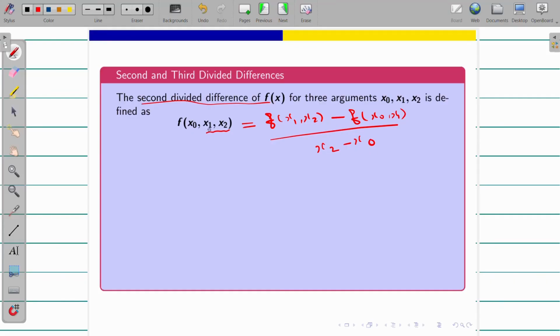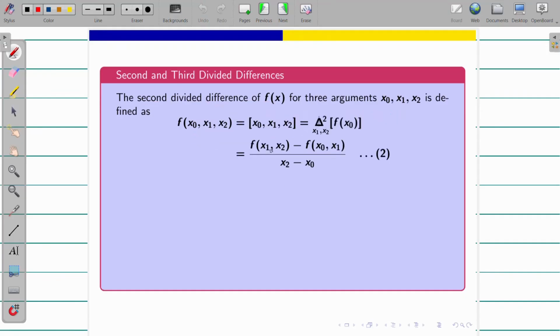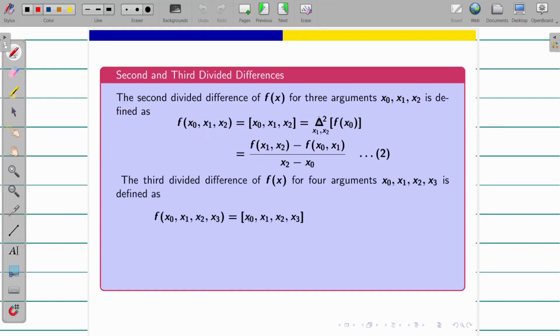That's it. So this is the way to define it.